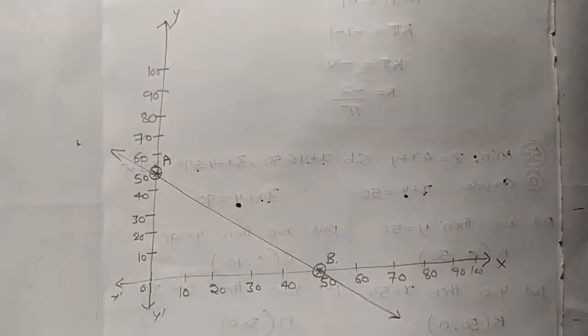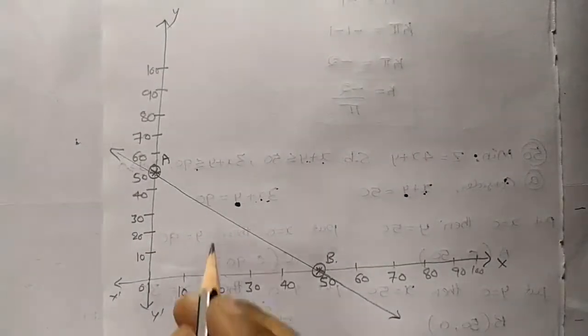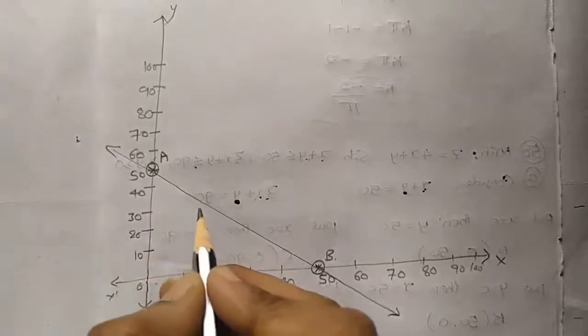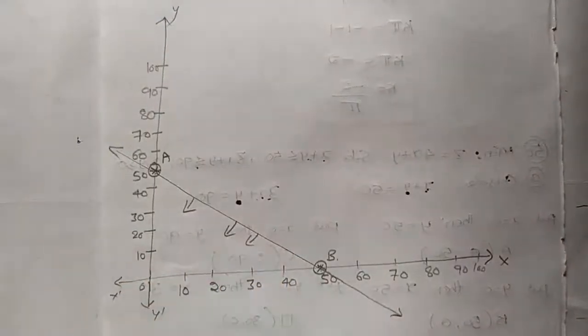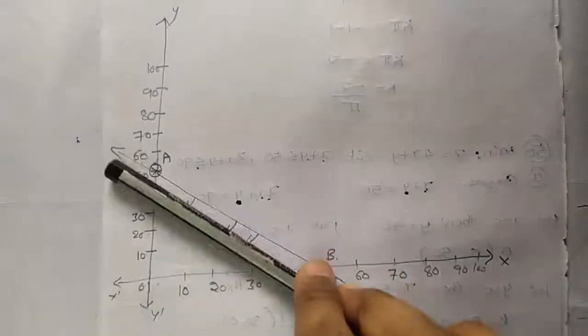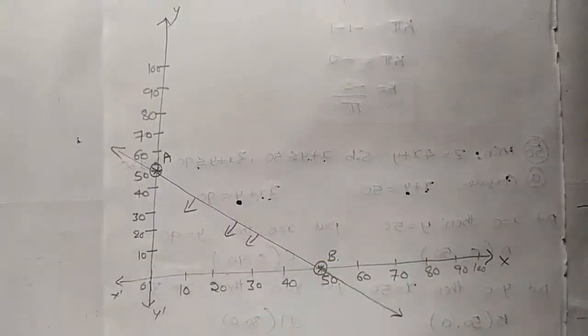And hence first inequality is true. True is what? We have to shade towards the origin. The region will be like this.